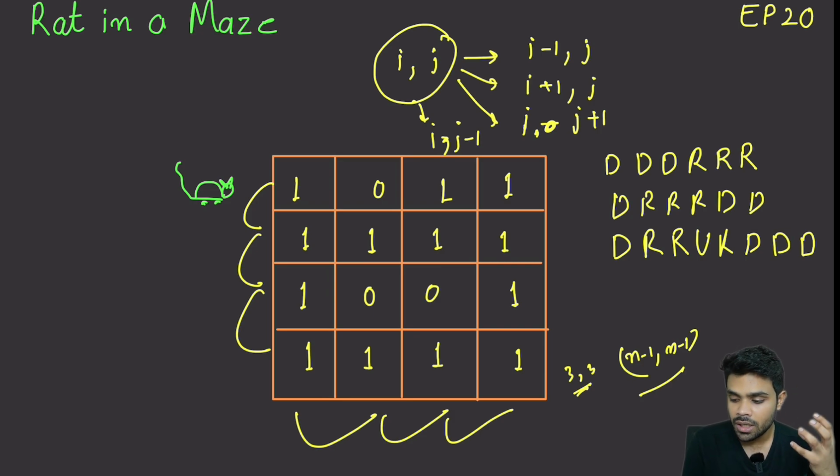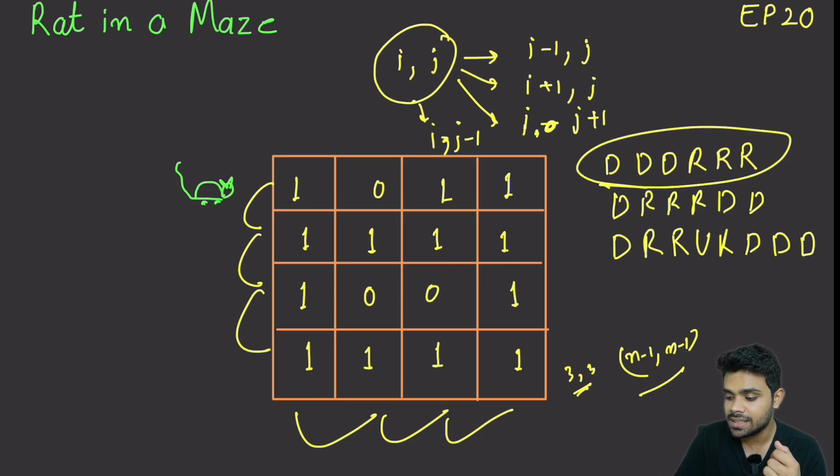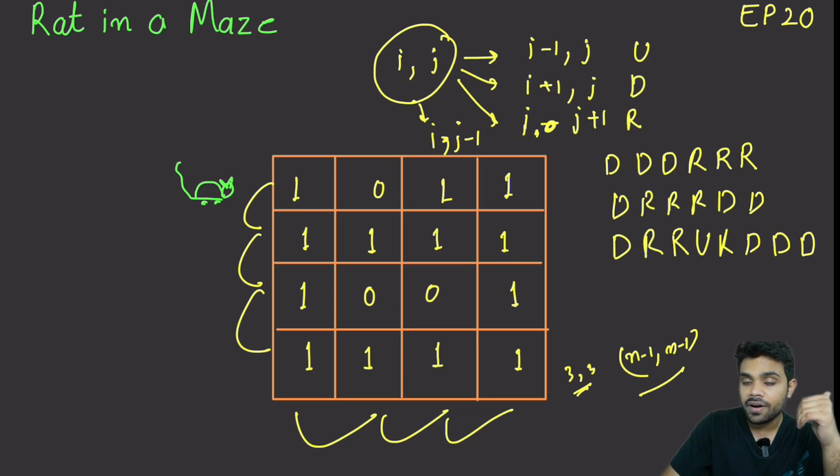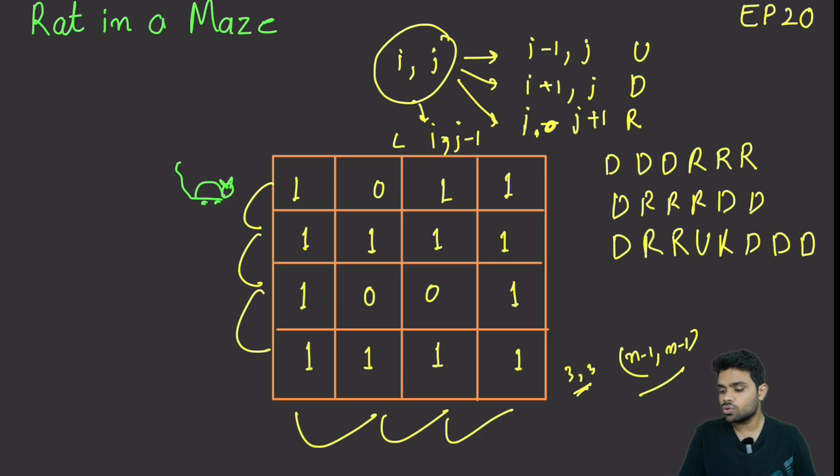Now one more thing: with these calls I will obviously generate the paths, so I will pass these paths along. If I am going in the upward direction, I will pass U. If I am going downwards, I will pass D. If I am going rightwards, I will pass R. If I am going leftwards, I will pass L. These are the characters which I will be passing to recursion.